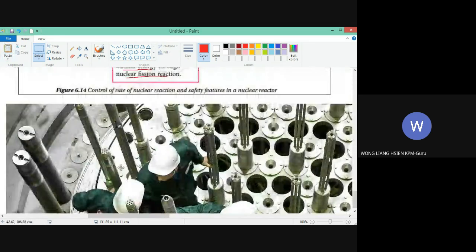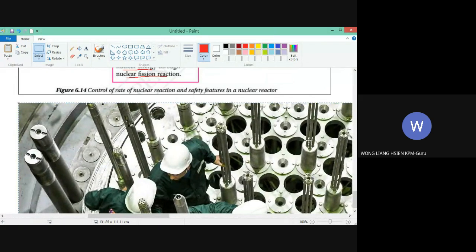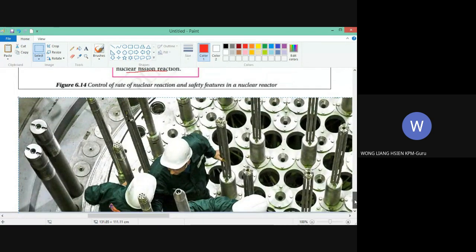For example, this one, you can see that there are many holes there. Each of these holes you can insert the uranium rod.